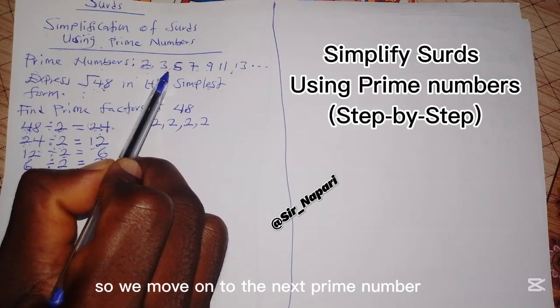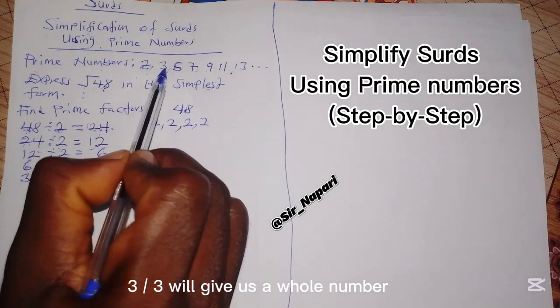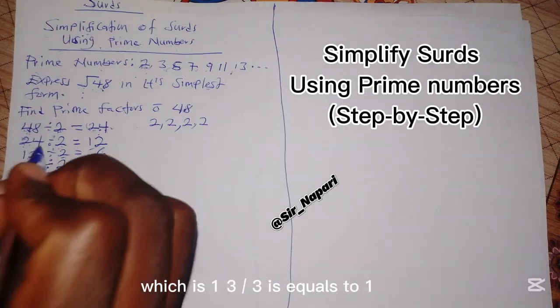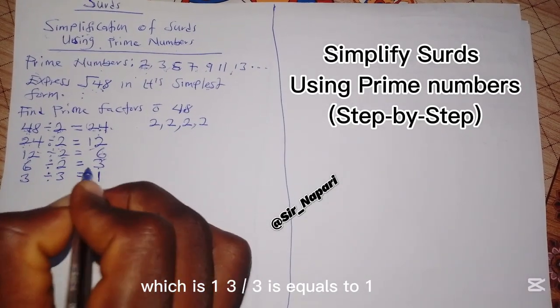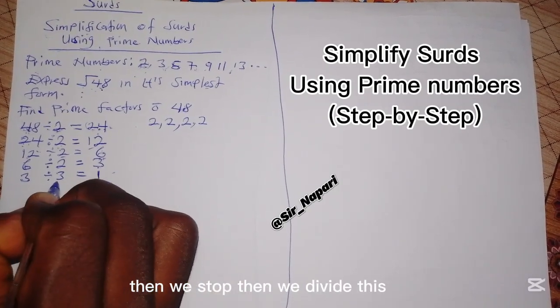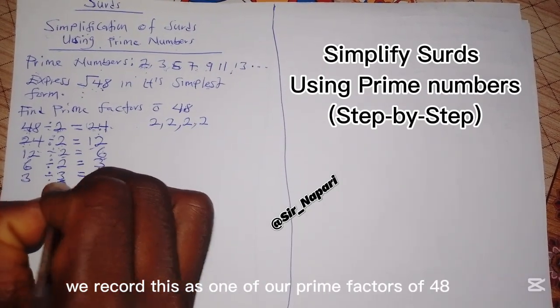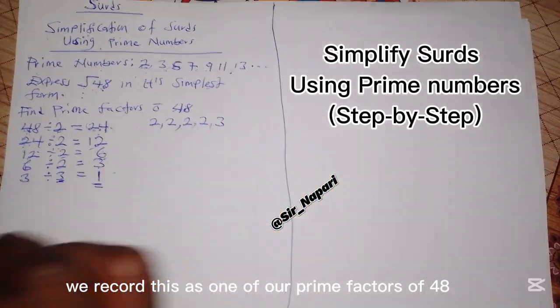So we move on to the next prime number. 3 divided by 3 will give us what? A whole number, which is 1. Now that our answer has gotten to 1, we stop. We record this as one of our prime factors of 48.